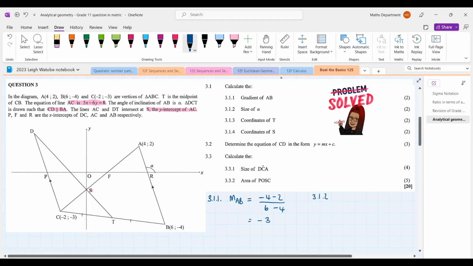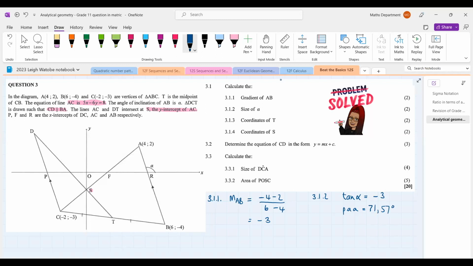Okay, so we would have said tan alpha equals our gradient of -3. That means that our PAA or our reference angle, sorry, I'm trying to work in the dark here, is 71,57.